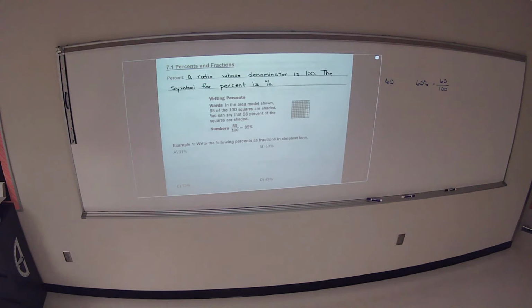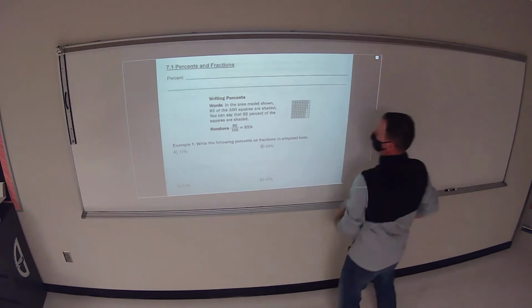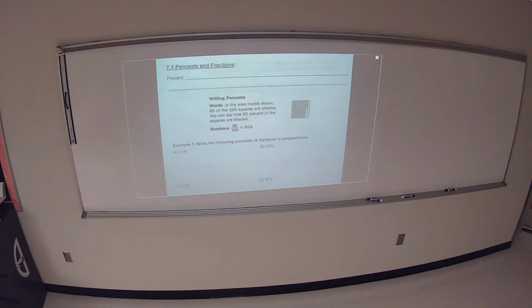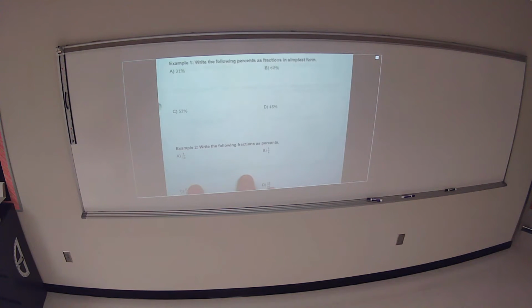All right. So, first example, we have to know our definition of this. If we don't know our definition of a percentage, then you're never going to be able to write a percent as a fraction. So, very first example, 1A through 1D. Write the following percents as fractions in simplest form. So, here's what we're going to begin by doing.